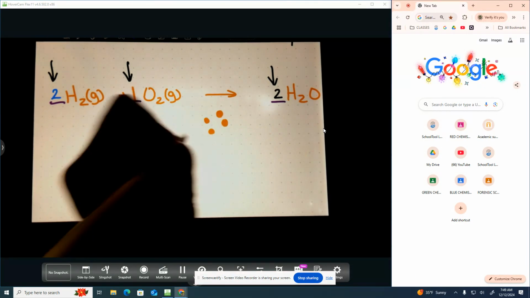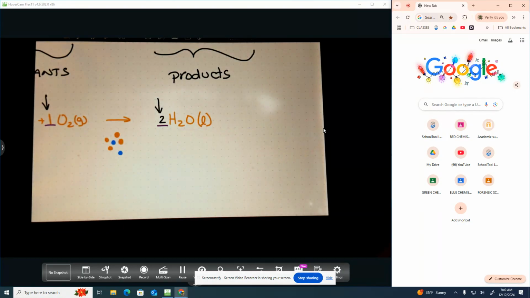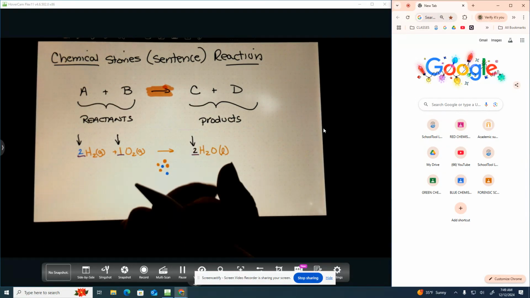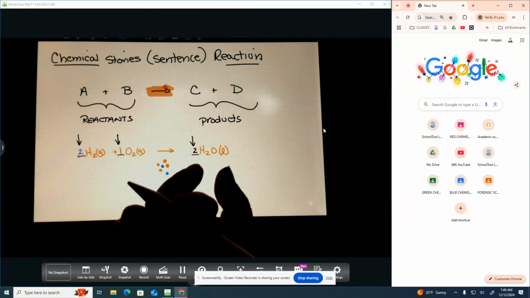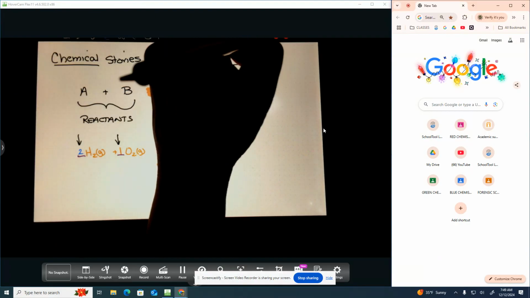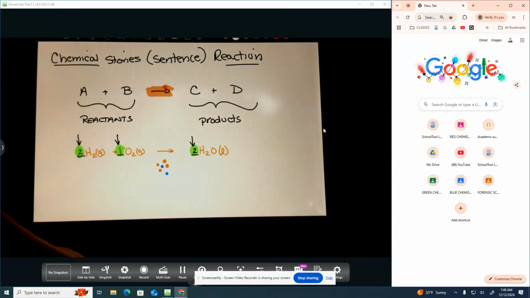And this guy comes over here and breaks apart. Can I now make 2 H2Os? That's law of conservation. The stuff that I started with has to be the stuff that I end with. And the way we make that work is with these coefficient numbers that are in front, here, here, and here. All right, take a break. I'll stop the video, and then I'll continue when we get back.